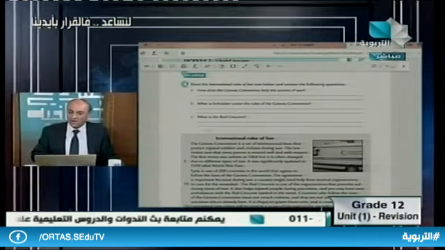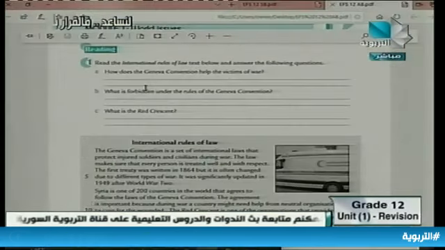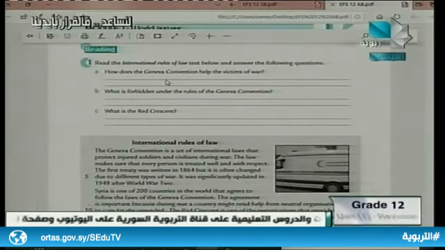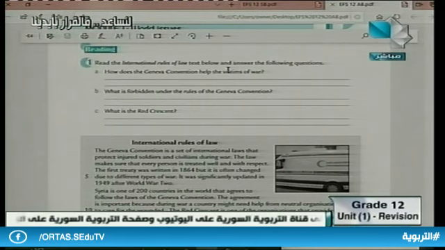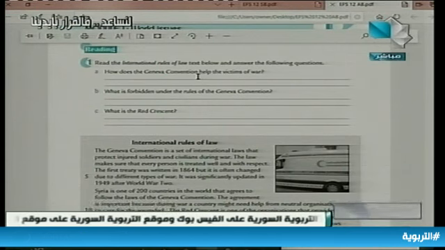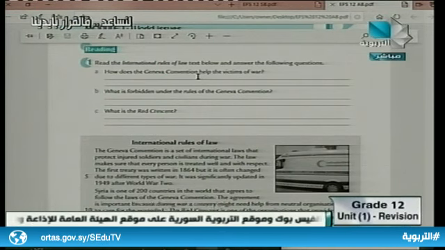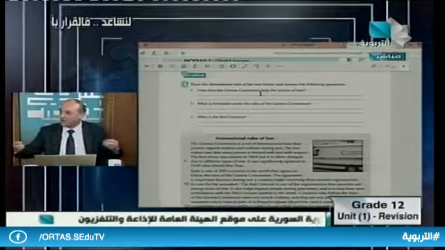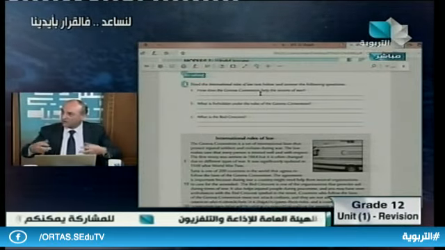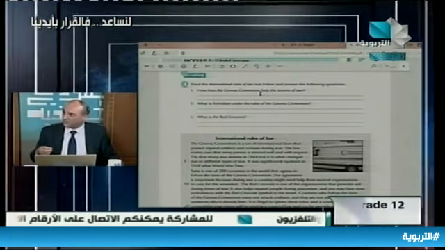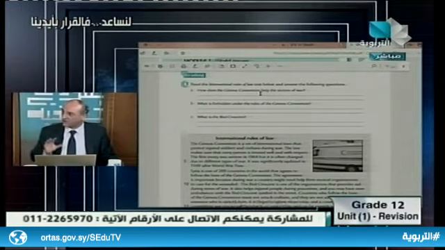Exactly. Now, how does the Geneva Convention help the victims of war? When we say, by the way, a convention is an agreement, a formal agreement between a number of countries. Syria was one of the countries that followed this convention.